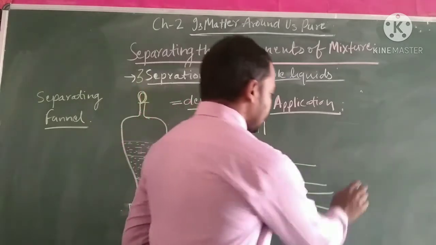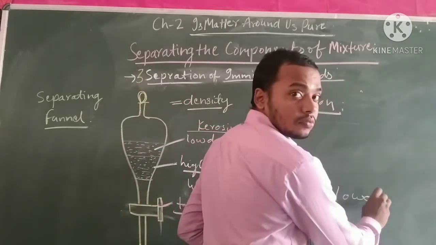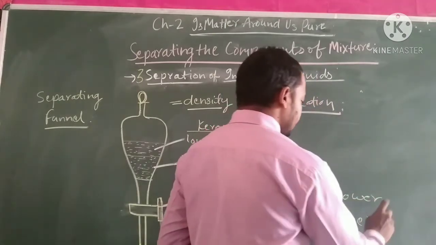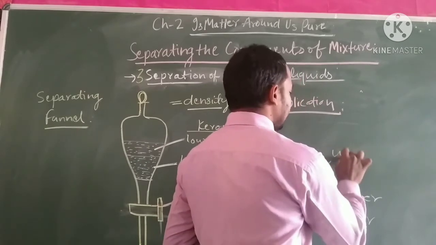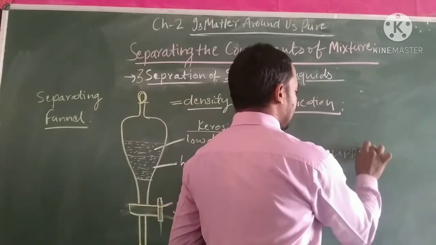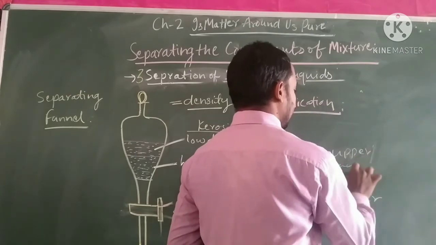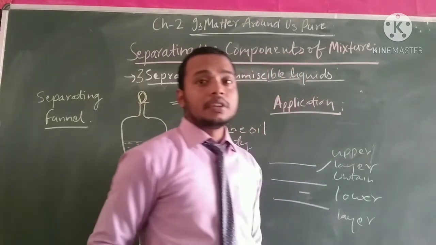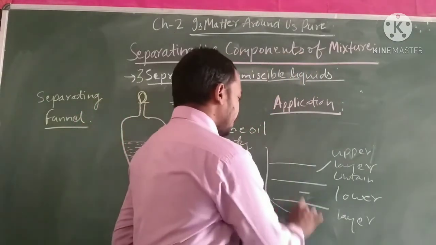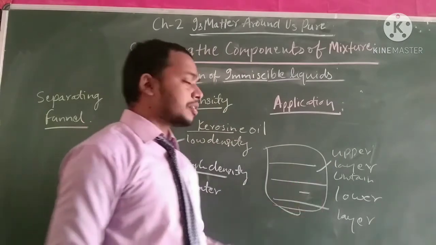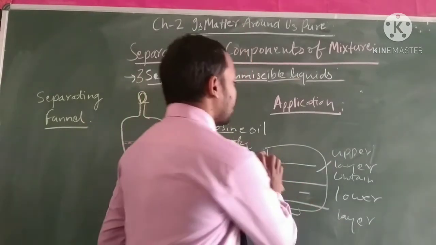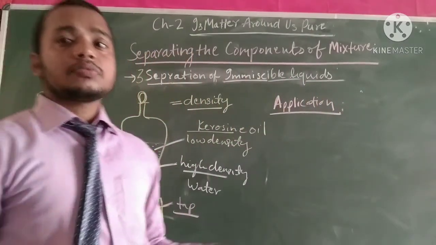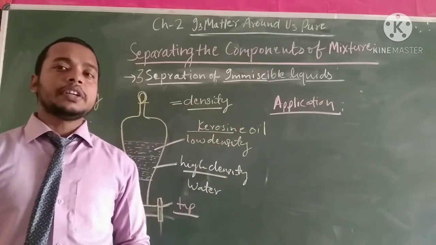The lower layer contains high density and the upper layer contains low density. In this way, with the help of the separating funnel, two layers are formed: higher density on the lower side and lower density on the upper side.